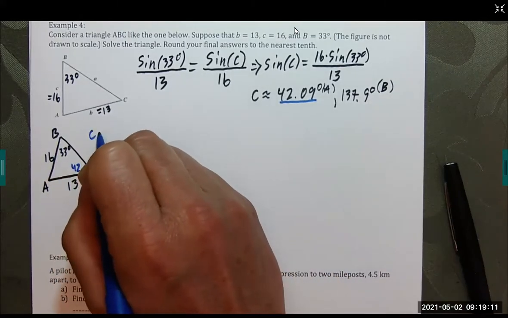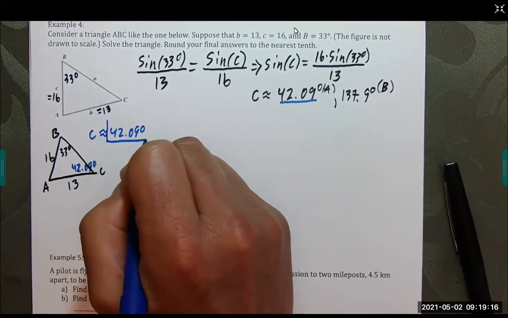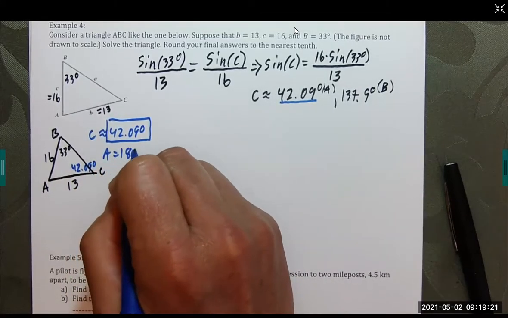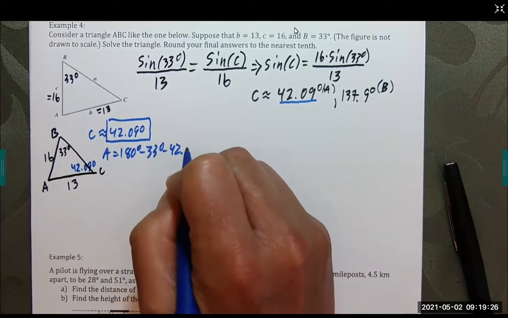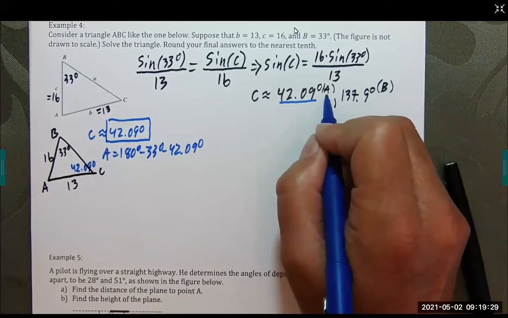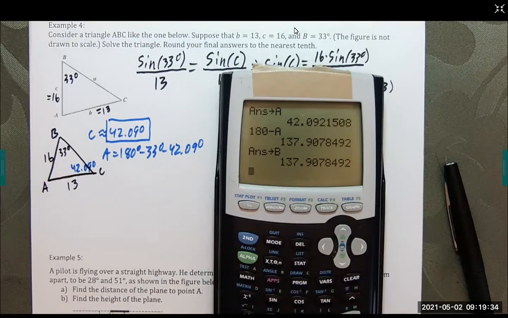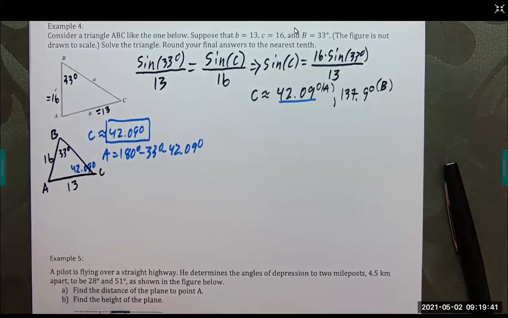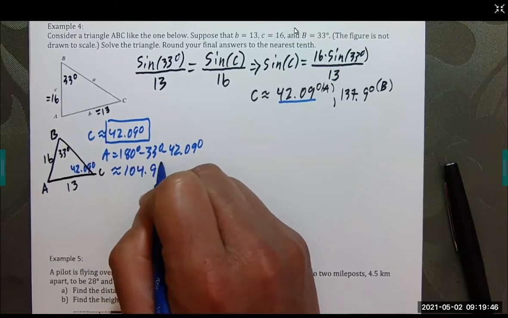So C is one of our answers, and we can of course find angle A by going 180 degrees minus 33 degrees minus our 42.09, which again I will use memory A. 180 minus 33 minus A. So A in our case is about 104.9 degrees.